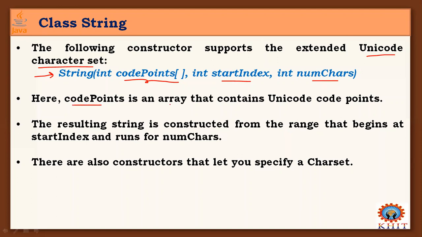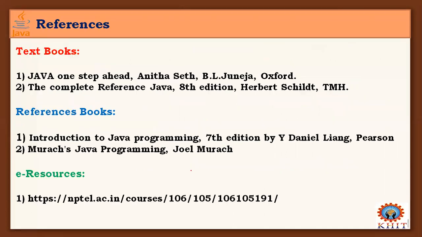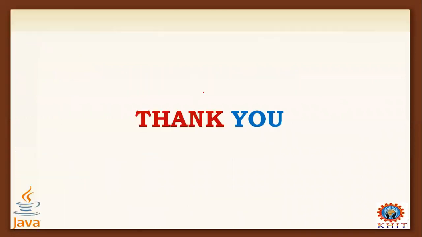Here codePoints is an array that contains code points, and the resulting string is constructed from the range that begins at the starting index and runs for the number of characters. We know how to use these two values for initializing string objects, and now we are talking about code points. There are also constructors that let you specify a character set, and we'll discuss them later.